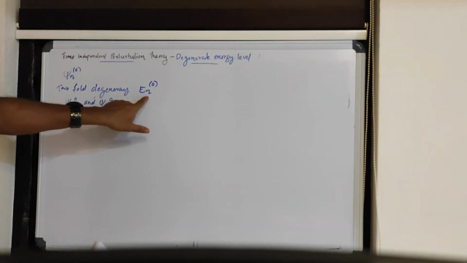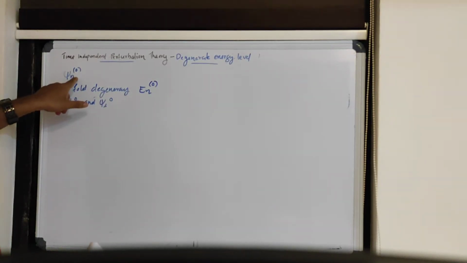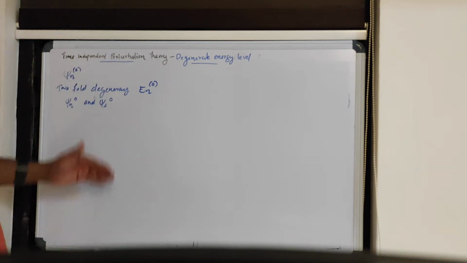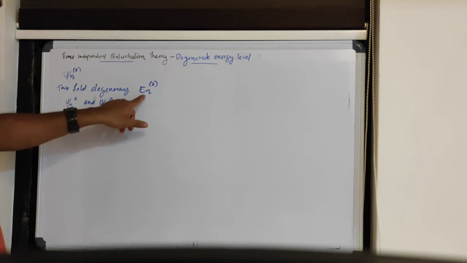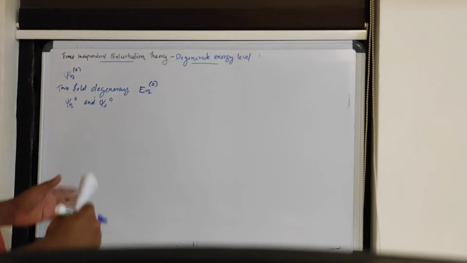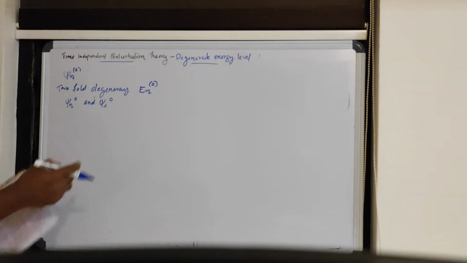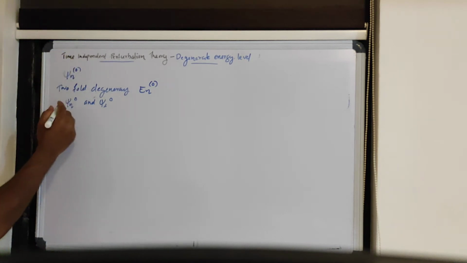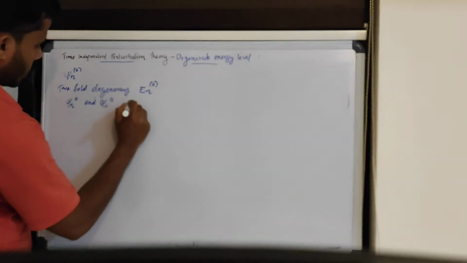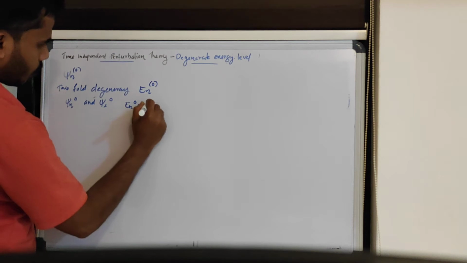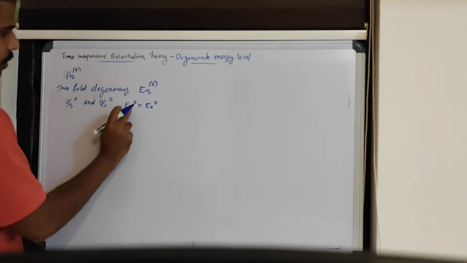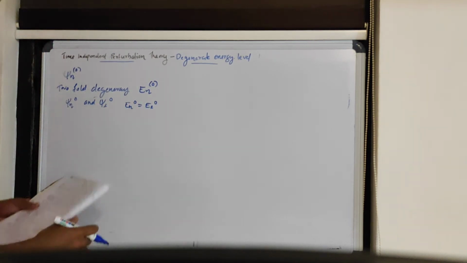So far in the non-degenerate case, if I have an energy, I have a unique wave function. But in the degenerate case, for one energy level I have two states, with eigenfunctions corresponding to the eigenvalue. In this case En0 is equal to El0, which means both have the same energy.